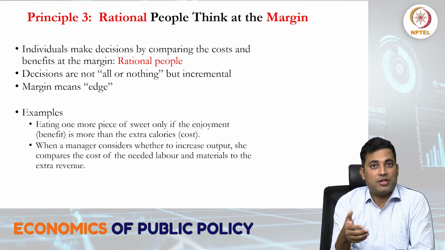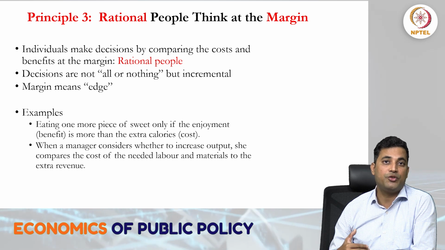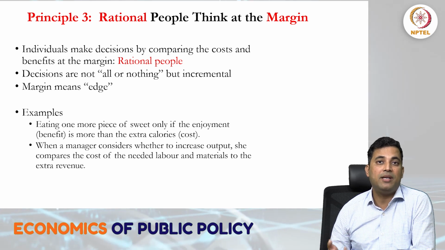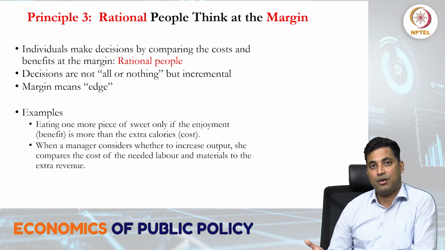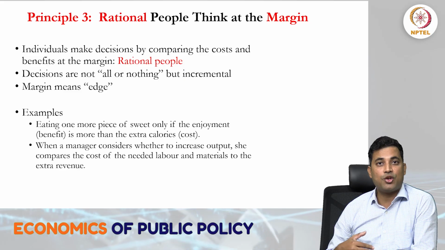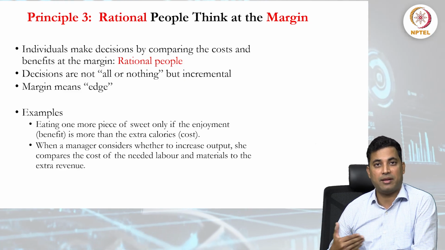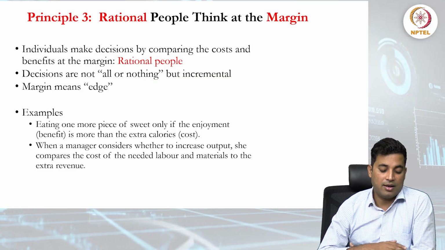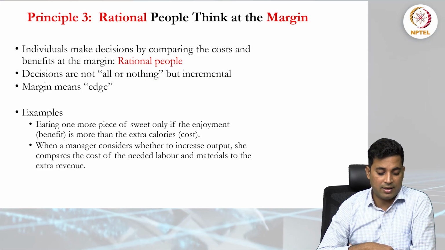So when I decide whether to consume one extra piece of sweet, what will be the cost or calorie? If I enjoy it the same amount, then of course I'll consume. If not, then I have to make the decision. So this is how one can give an example between these two alternatives.